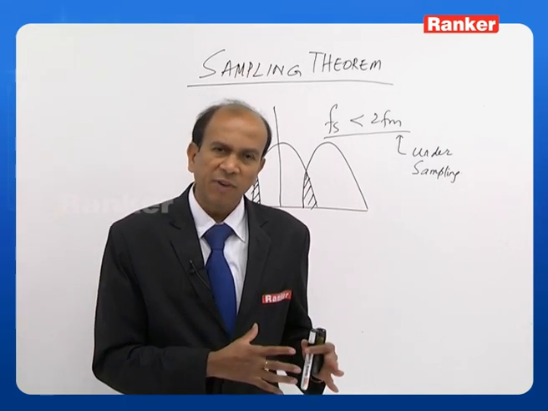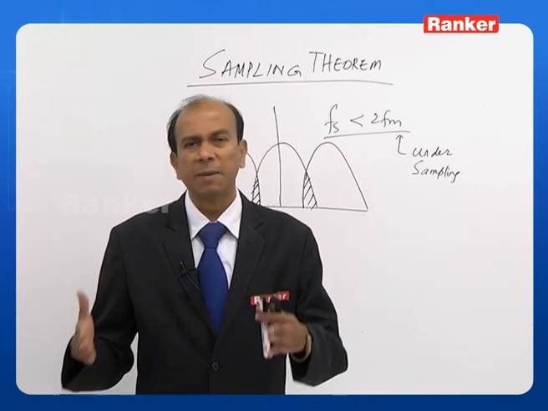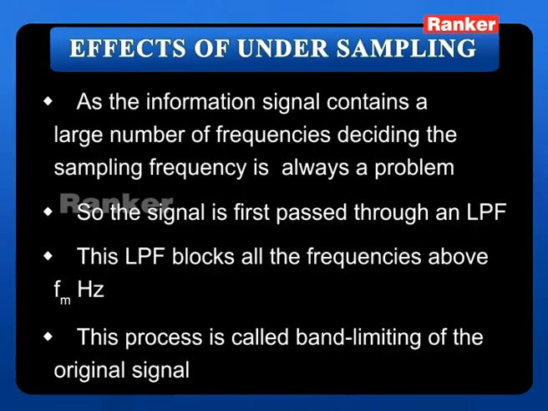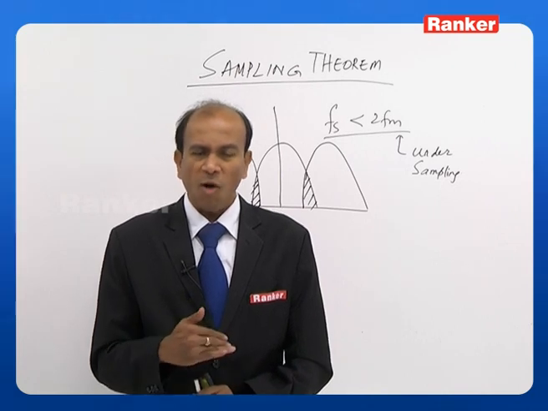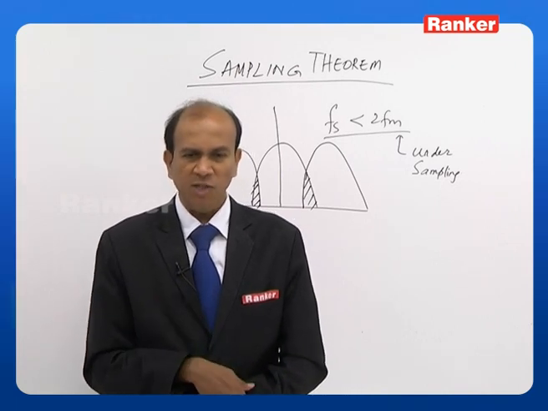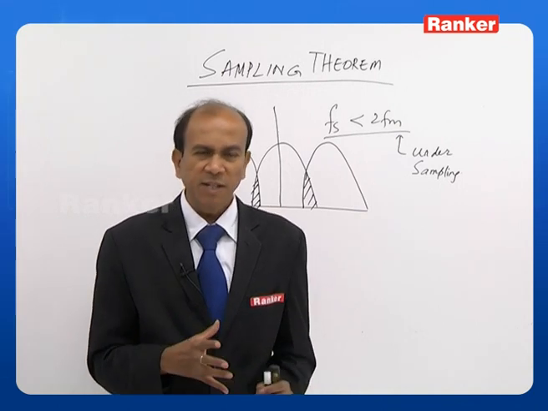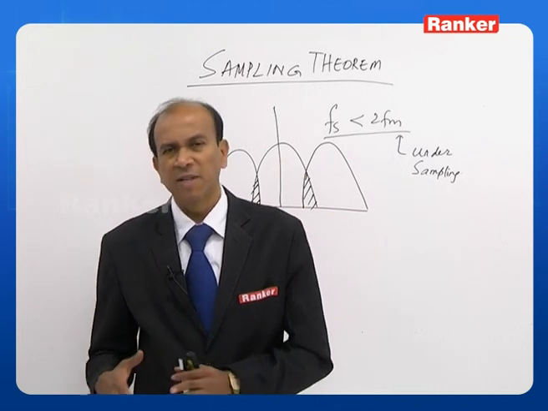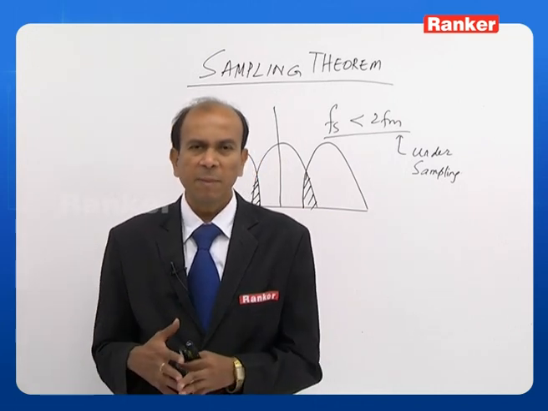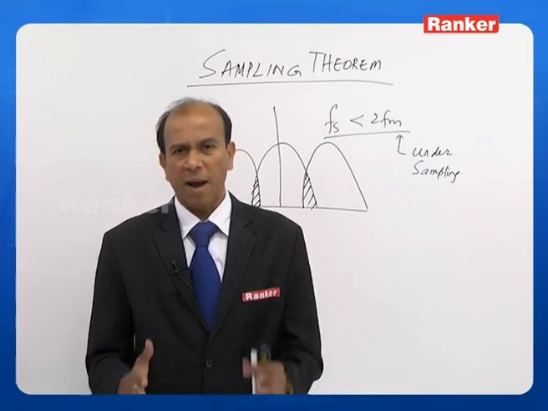When this large number of frequency components passes through a low pass filter, the output is limited to only a certain band of frequencies. This process of blocking all the frequencies above FM hertz is called band limiting of the original signal. The output will be frequencies limited only to FM hertz.